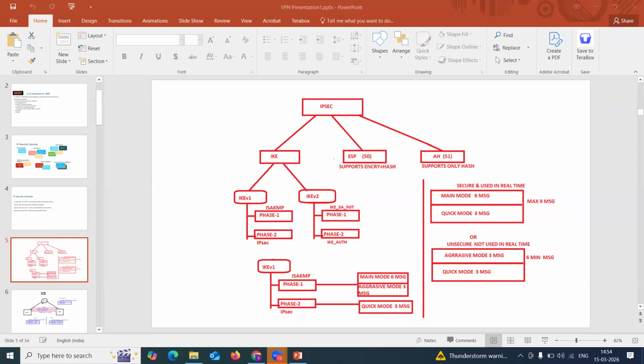So these are called three message exchanges. In a TCP connection, we have three message exchanges to establish a connection. Same way, in main mode, in phase one, we have six message exchanges to establish the phase one tunnel. Clear?